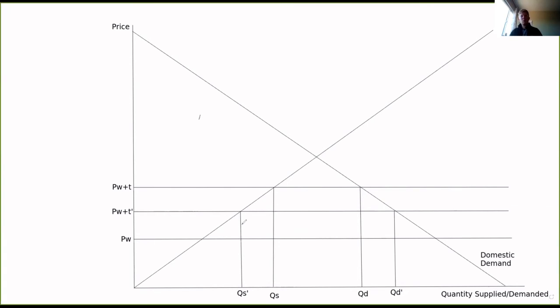But now, with a decrease in the tariff to T prime, we have more imports, but we're applying a smaller tariff. And so the new government revenue is given by this shaded area right here. As you can see, it's unclear whether government revenue has increased or decreased.